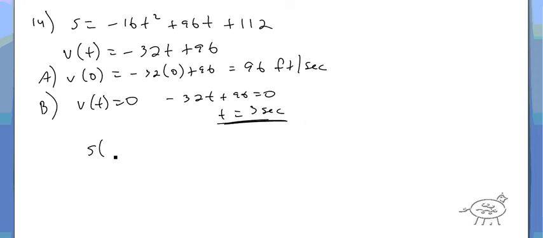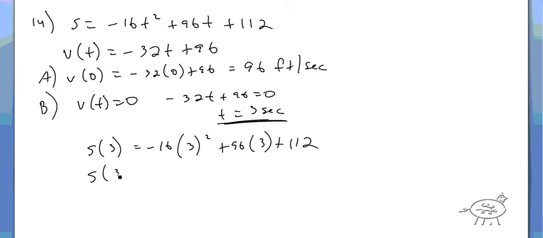So s of 3 is equal to negative 16 times 3 squared plus 96 times 3 plus 112. So s of 3 is equal to 256 feet. That's the position at 3 seconds when the velocity is 0. So that's your maximum height.